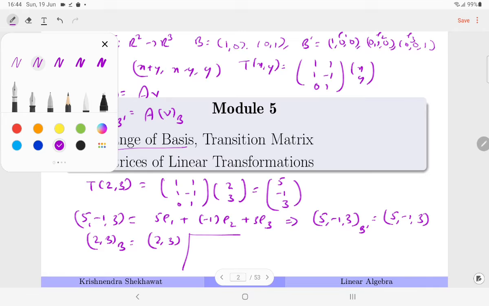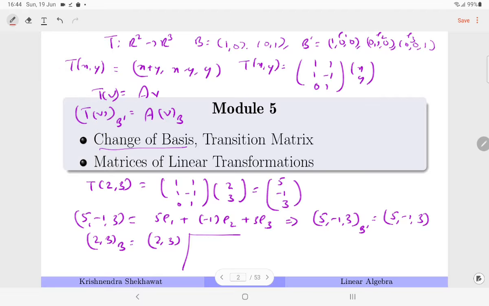And the column vectors of matrix A are as follows. If you see the first column, then it should be T of (1, 0) and its coordinates with respect to B dash. So what is T of (1, 0)? T of (1, 0) is (1, 1, 0), which is the first column.